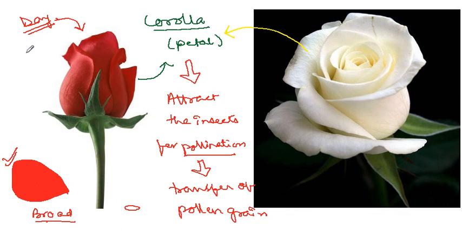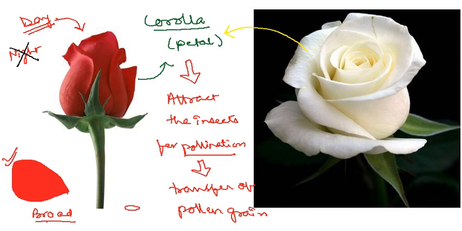But the insects which are more active at the night time would have very poor visibility. This kind of flowers in red, pink or blue would have very poor visibility at night. So the insects like the moths which are more active at the night time would find it more difficult to identify the flowers.